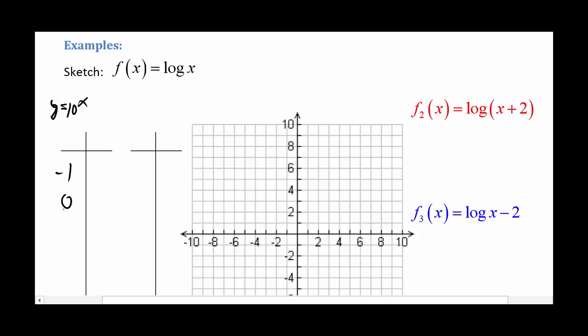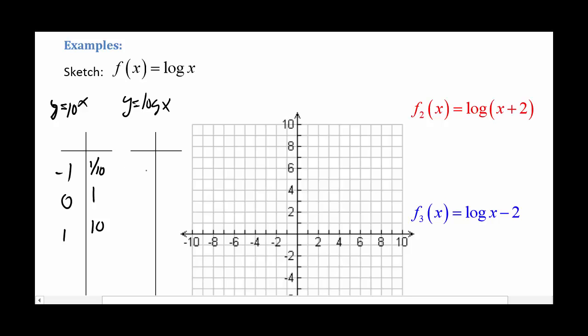And so our three ordered pairs then would be negative 1 comma 1/10, 0 comma 1, and 1 comma 10. And the only reason why I wrote that is if we forget how to find the ordered pairs of the log, then we can go back to the exponential and just switch x and y.